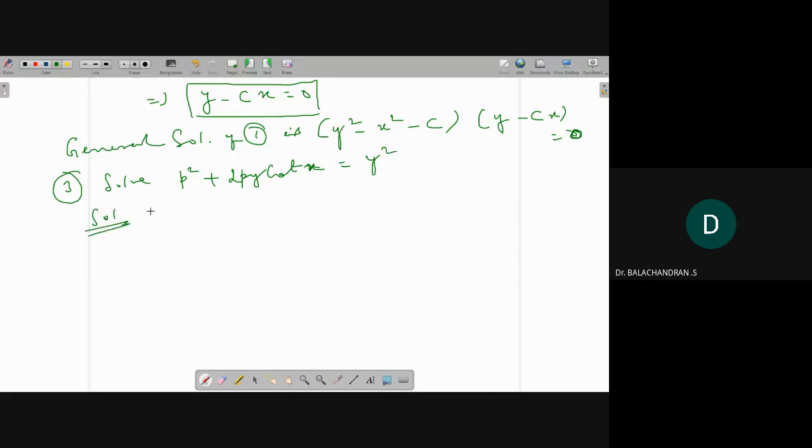Solution. So again, p equal to minus b, so minus 2y into cot x plus or minus root of b square. b square is what? 4y square cot square x, that is 2y cot x whole square. Minus 4ac.